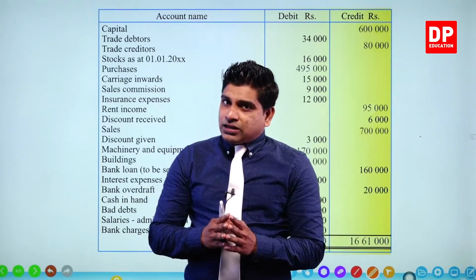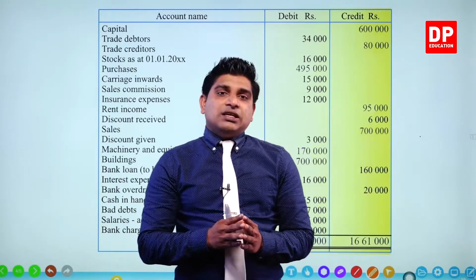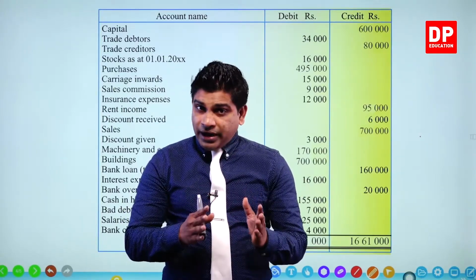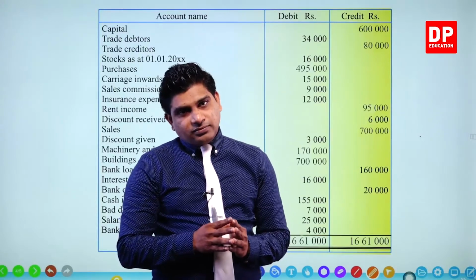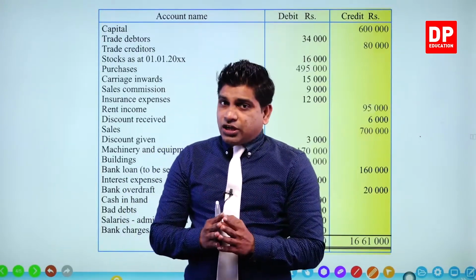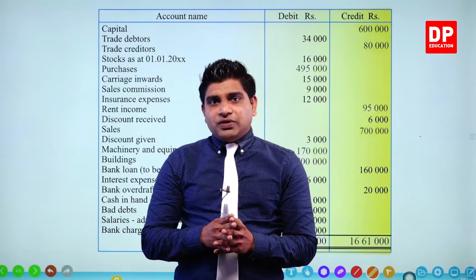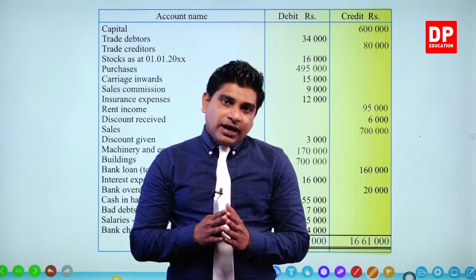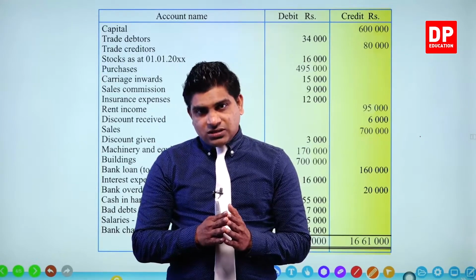To calculate net profit, generally we consider income and expenses for the year. To draw statement of financial position, we consider available assets, capital and liabilities of the business.